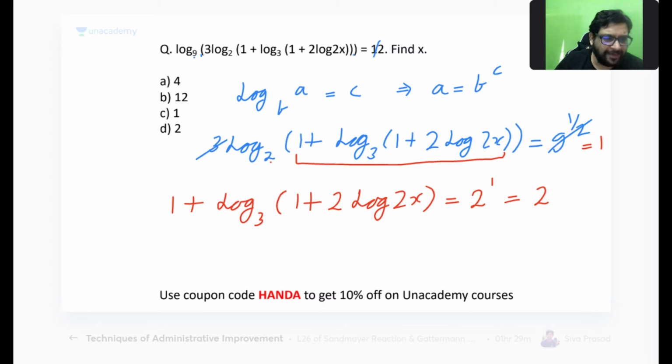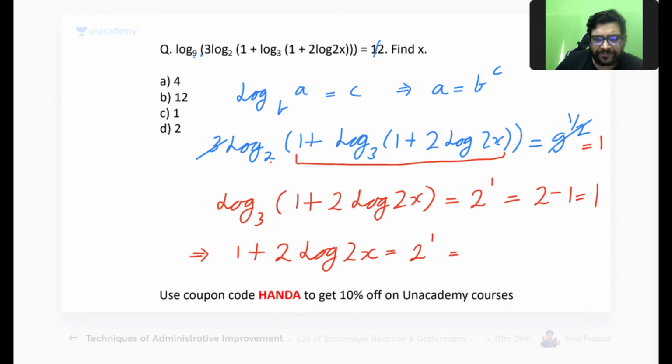Once you are left with this, I can take this 1 to the other side. So if I take this 1 to the other side, I'm left with 2 minus 1 or 1, which means once again 1 plus 2 log 2x is 2 to the power 1, or 2.